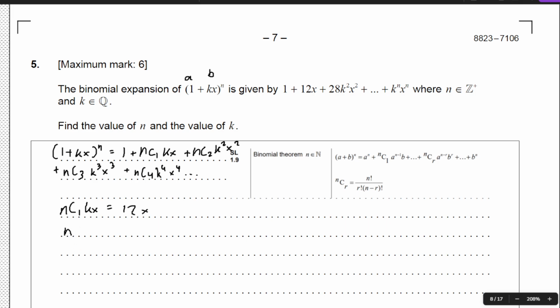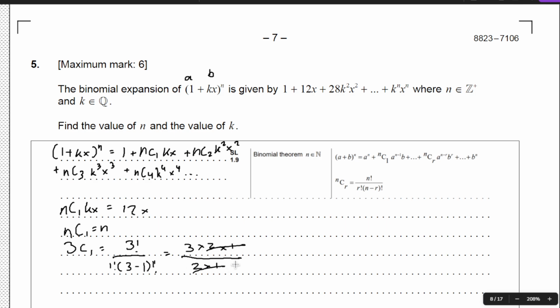Just to prove this, we can try 3C1. When we put it in this form, it would be 3 factorial over 1 factorial times (3 minus 1) factorial. When we go through with it, it would be 3 times 2 times 1 over 2 times 1.